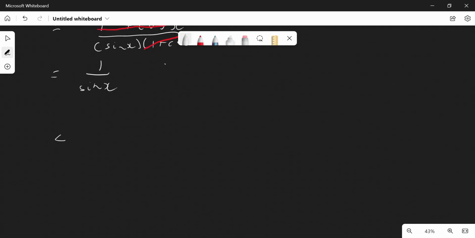Alright, so we move on to 4.2. When you're answering this, you can just say therefore at the end, therefore LHS is equal to the right hand side.